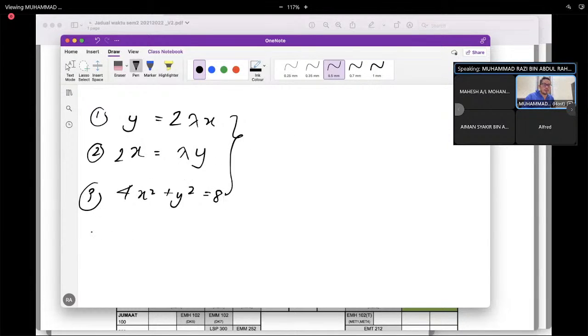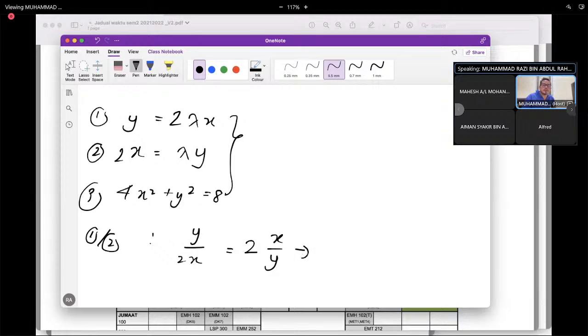So I'm going to divide equation 1 and 2, which means I cancel lambda. So what I have is y over 2x equals 2 times x over y.